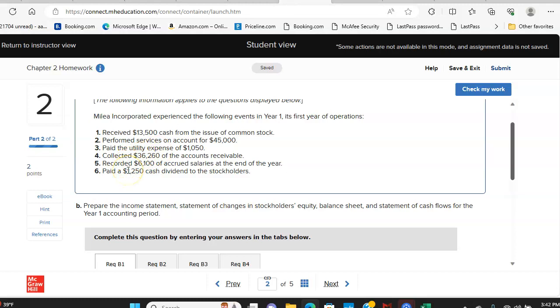Now, I'm going to take that statement back, because sometimes the expenses may not have the word expense. I'm looking at number five, recorded $6,100 of accrued salaries at the end of the year. That would be your salary expense. So there are going to be two different expense accounts listed.